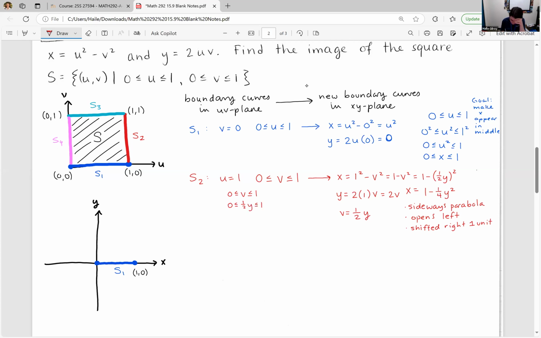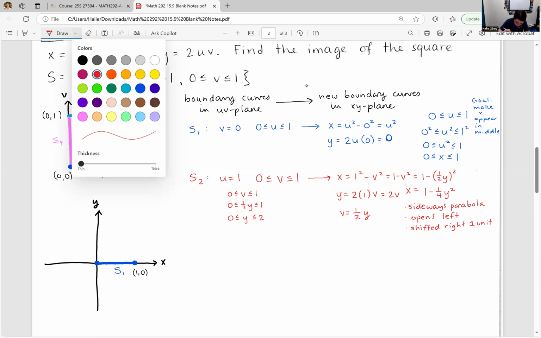And isolating y, I can multiply everything by 2. So 0 is less than or equal to y is less than or equal to 2. So I'm going to draw a sideways parabola, but only the portion of that graph that is between the y coordinates 0 and 2.